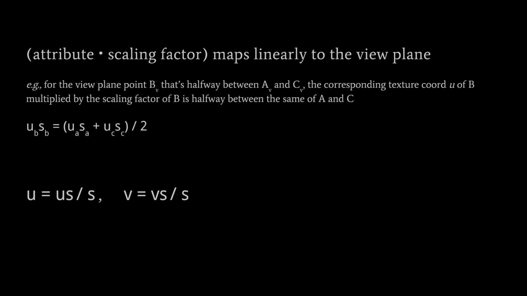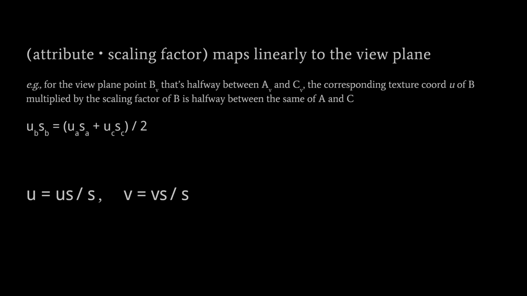So for a similar example as before, we have some point B on the plane that's halfway between A and C on the plane, and the corresponding texture coordinate U value of B on the 3D triangle, that U value multiplied by the scaling factor of B, is actually halfway between the same thing computed for A and C. If you took the scaling factor at A and its U coordinate value, and the scaling factor at C and its U coordinate value, multiplied those pairs together, and then averaged them, you would get the equivalent value of B's U times its scaling factor.